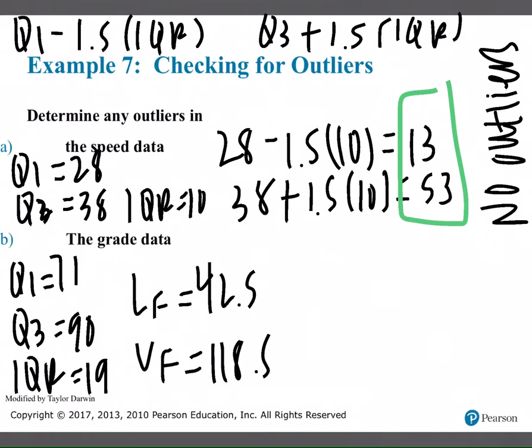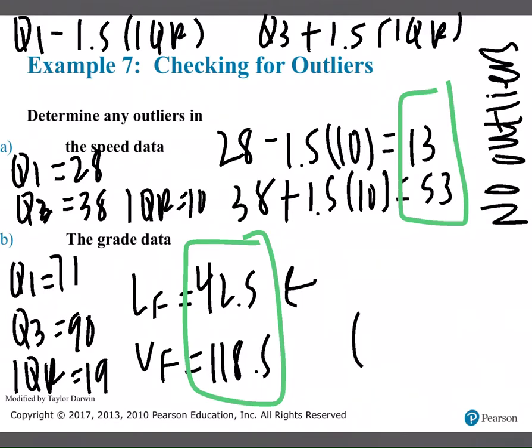Well, we know there's not going to be anyone that lies out of 118 because the grades only went up to 100, but we did have a value in this data set of 12. And so if you put your fences, right, here's 42.5, and you put them on a number line, and then you've got 12 out here, it lies outside of that fence. So that 12 is an outlier.